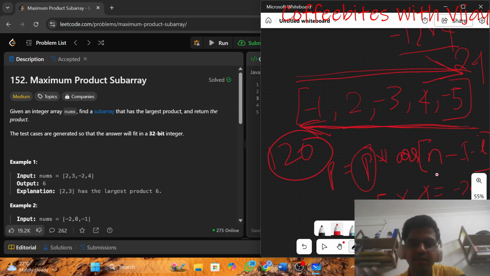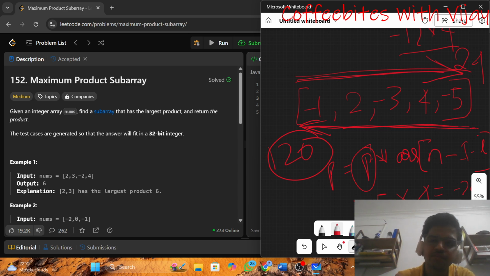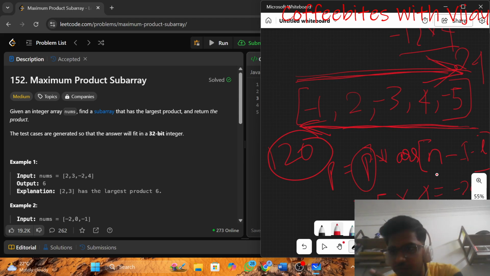So now I will come to the conclusion that if I traverse from left to right, I may get the maximum product, and even if I traverse from right to left, I may get the maximum product. I'm not sure.